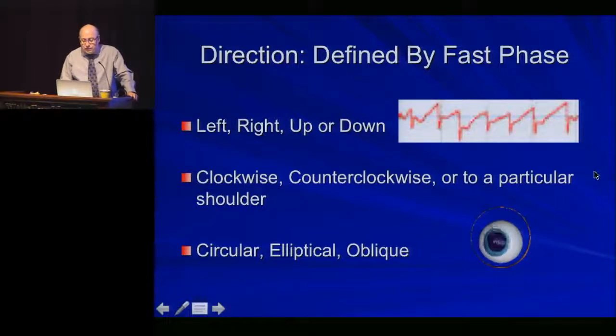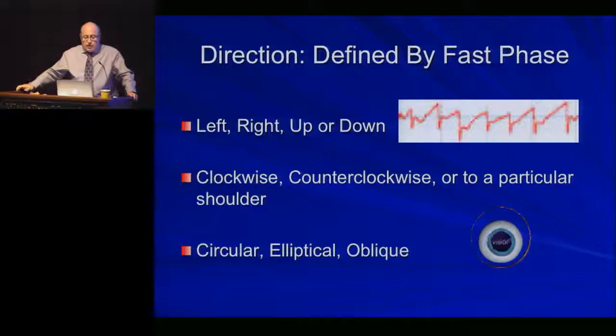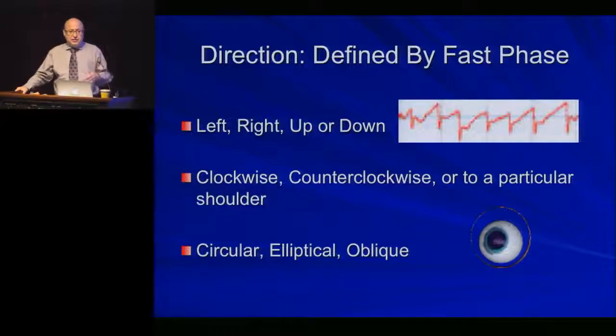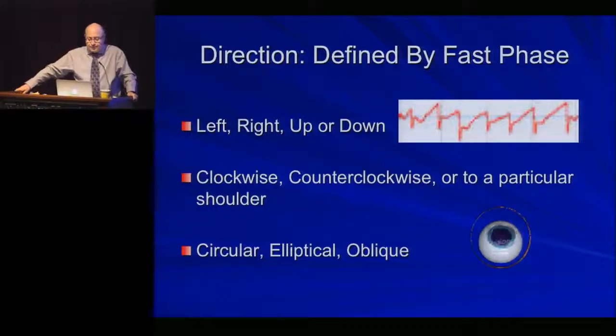If it's torsional, so that it doesn't go right, left, up, down, but it's just rotating, we can call it clockwise or counterclockwise, which can get confusing because you don't know whether you're talking about the patient's or the examiner's perspective. So it may be preferable to say it beats towards the patient's right shoulder or left shoulder, which is a little less ambiguous.